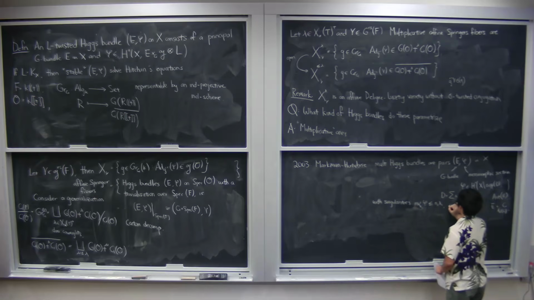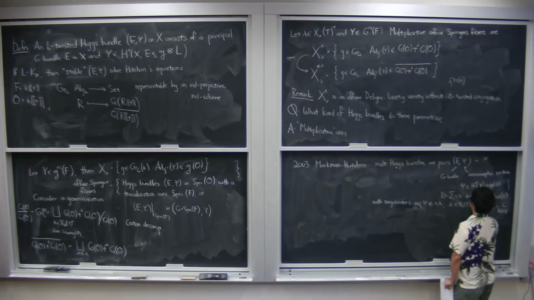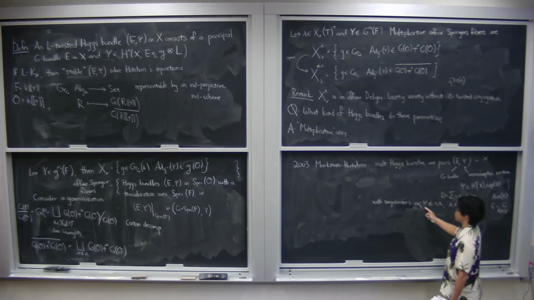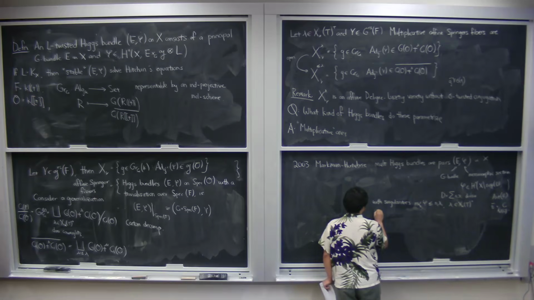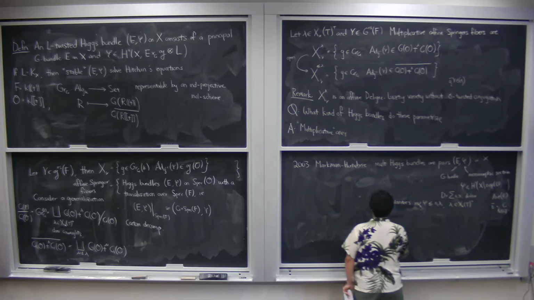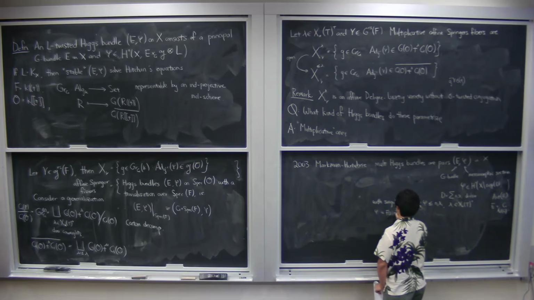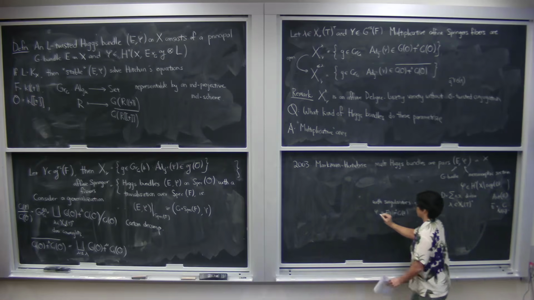Here lambda_i is a dominant co-weight. So locally speaking, you can describe phi as looking like a holomorphic matrix, then t to the lambda, and then another matrix.